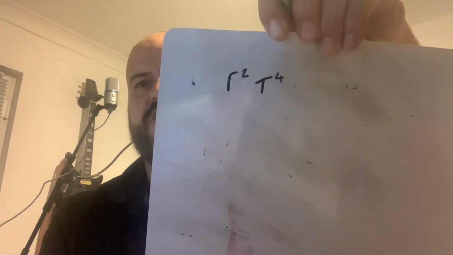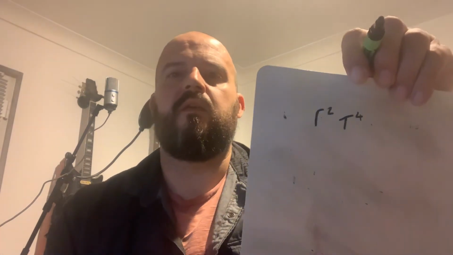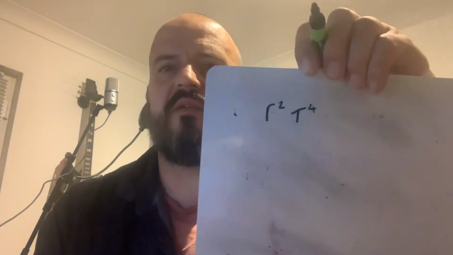And actually, all we need to do for this one, let me just rub out my working for the last one, is for each of those stars, we perform a calculation of radius squared multiplied by temperature to the 4, because everything else in the Stefan's law equation is all constants or numbers that you're given. These are our variables, radius squared and temperature to the 4. So we do that calculation 4 times, and when we do that, we find that Sigma Draconis, option C, has the greatest luminosity.